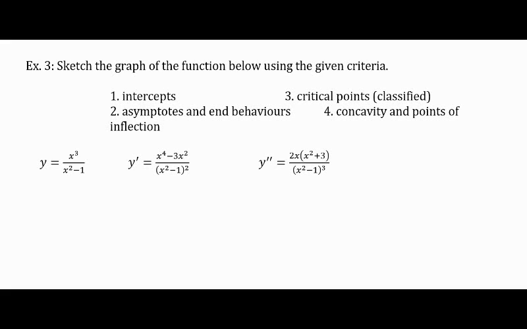You have to state all intercepts and all the things that are in this list, and your curve sketch on the exam looks exactly like this. It has those 4 criteria. And you will be given the first derivative and the second derivative on the exam as well. You just have to know how to use them.